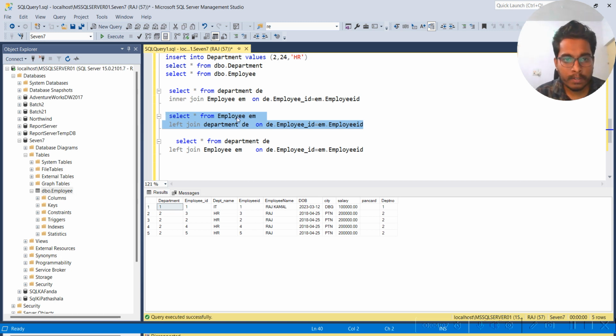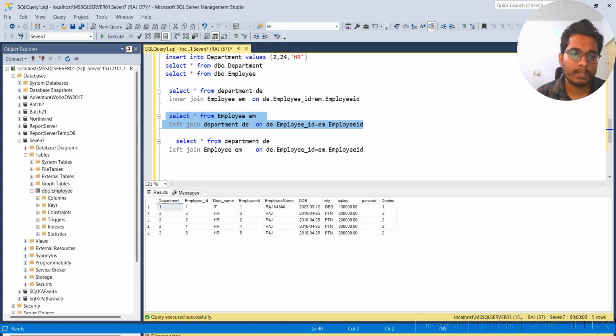I have just interchanged the position of the table names, and dear friends, do remember that these two queries are not the same. Employee is on the left in one, and here department is on the left. So obviously the output of these two queries is going to be different.